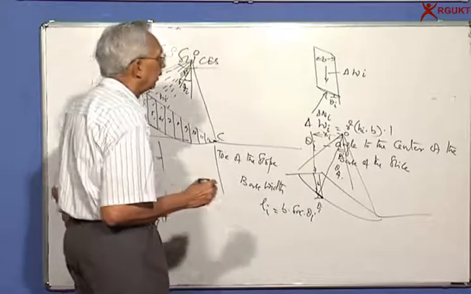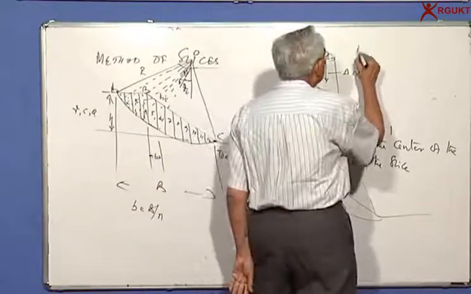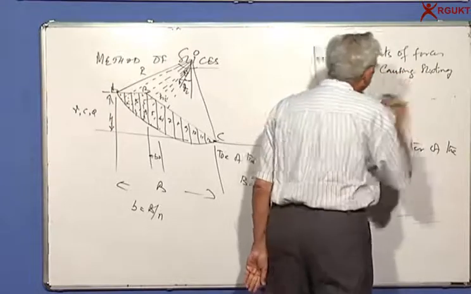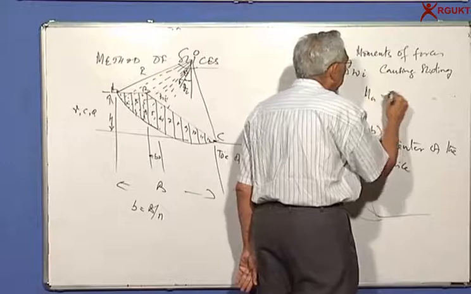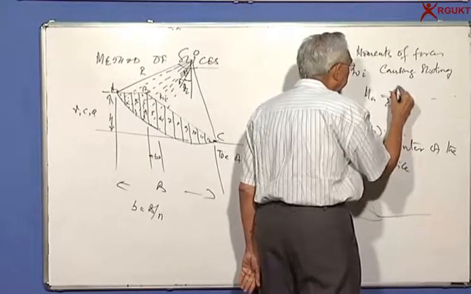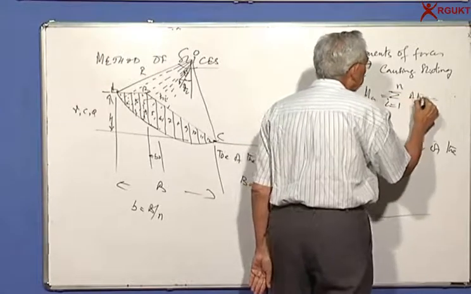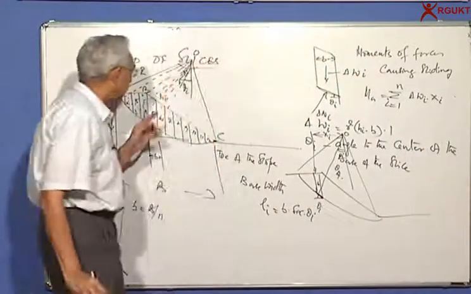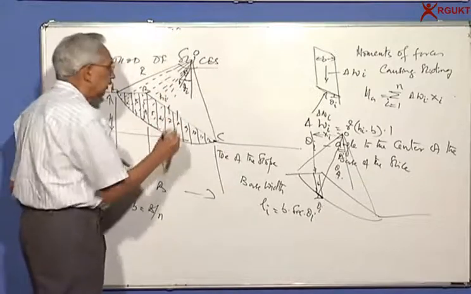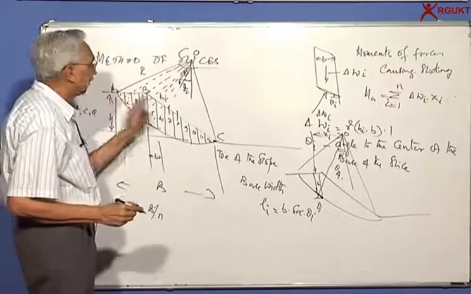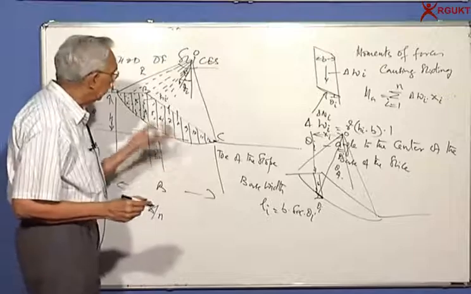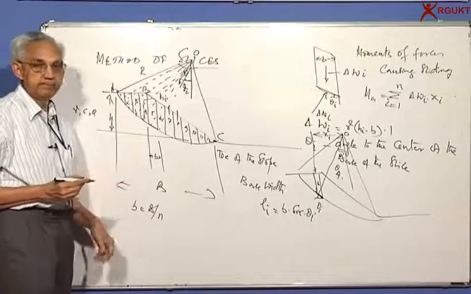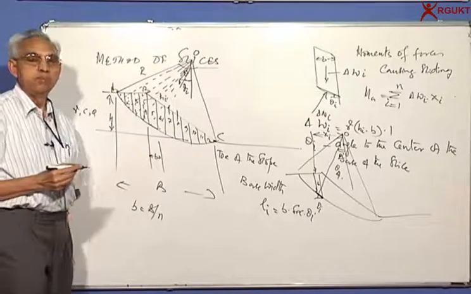So if I want the total moment of forces causing sliding, it is equal to sigma i going from 1 to n of delta Wi into Xi. As I said, from geometry you can easily find out Xi, X1, X2, etc. You know how to calculate the area of each slice, you know how to calculate W, and you can easily find out the moment due to that.